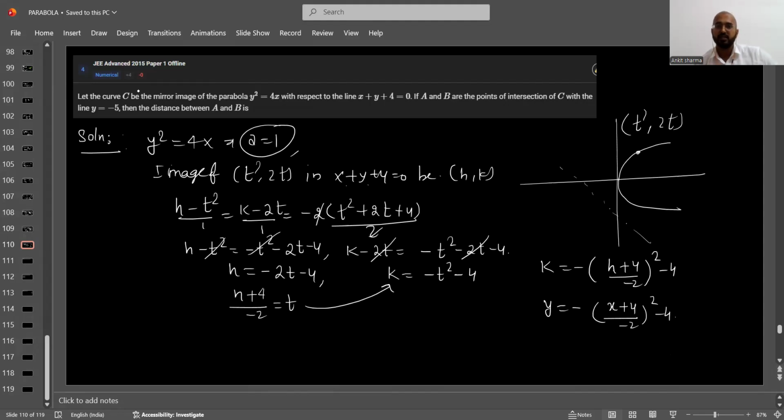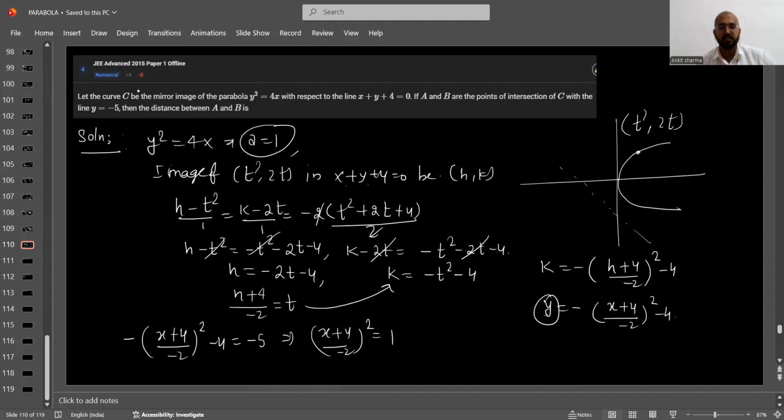Now A and B are the points of intersection of C with the line y is equal to minus 5. So we can plug in y is equal to minus 5. So I'm going to have here minus of ((x plus 4) over minus 2) square minus 4 is equal to minus 5. That means from here I'm going to have ((x plus 4) over minus 2) square is equal to 4 minus 5, which is minus 1.